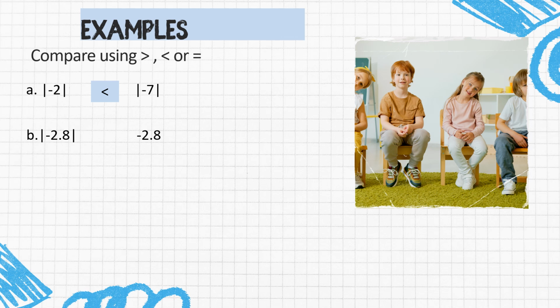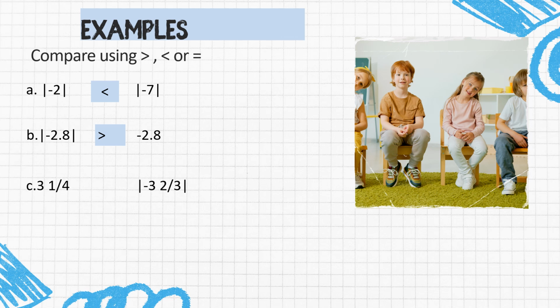Next. Is the absolute value of -2.8 greater or smaller than -2.8? There is no absolute value on the second number. Okay, tell me. Excellent, math champions. The absolute value of -2.8 is greater than -2.8 itself.